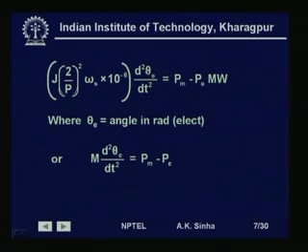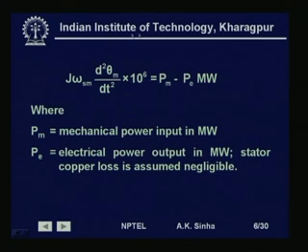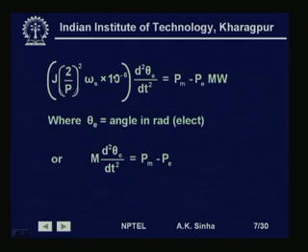Similarly, here we have theta m in the earlier expression, and we want to write it in terms of electrical angle, or electrical position of the rotor. So, we will get again 2 by P into theta e here.